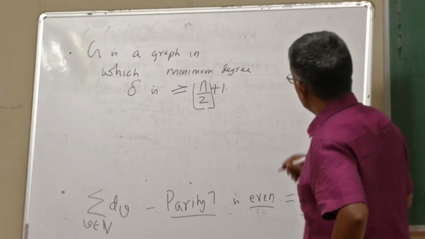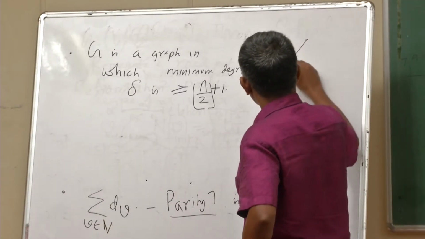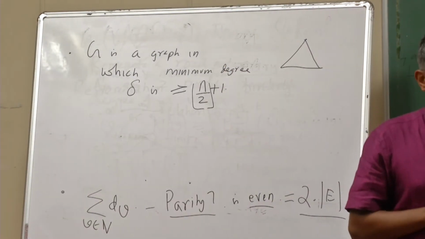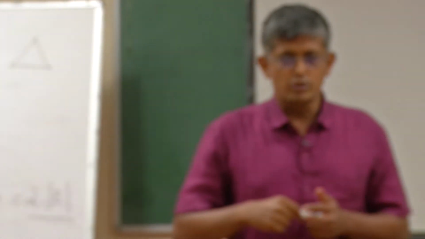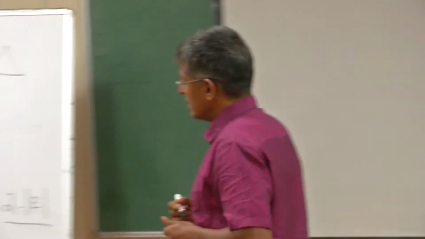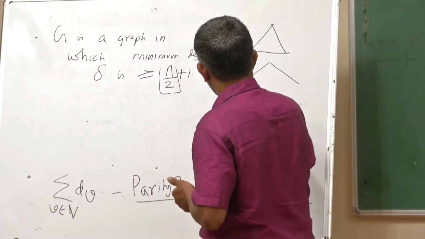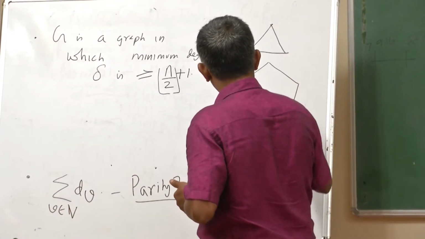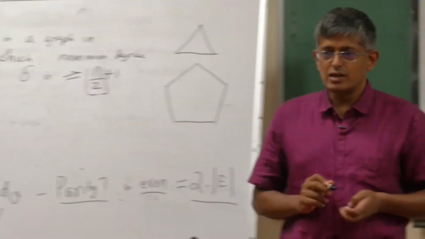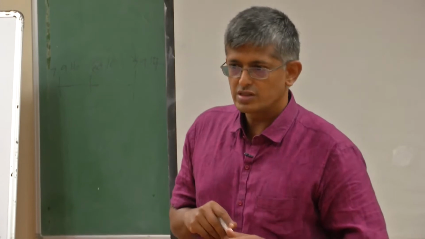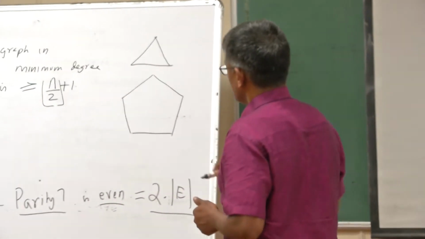So for example, here is a graph where the degree of every vertex is 2, and its degree is at least floor of n by 2 plus 1. So you can take any graph and do this. As you can see here, in this case the degree of every vertex is just floor of n by 2. 5 divided by 2, floor is 2, plus 1 is 3.